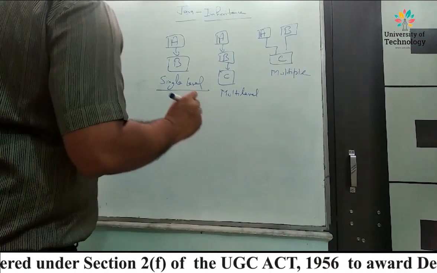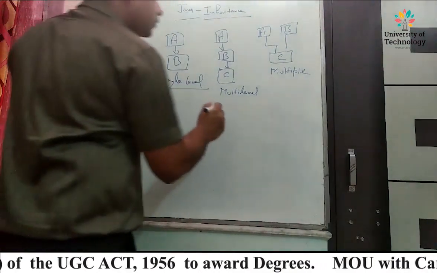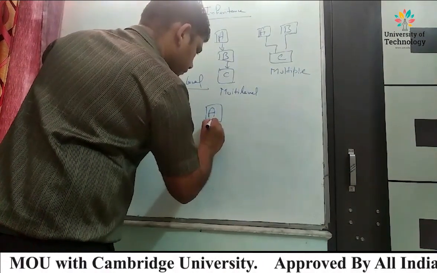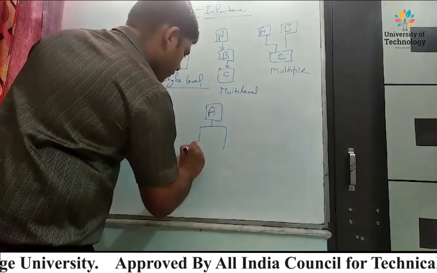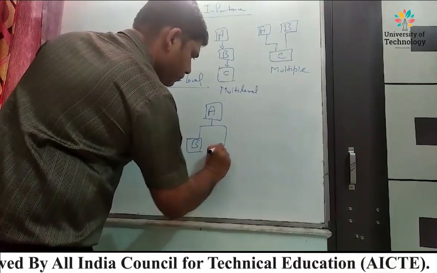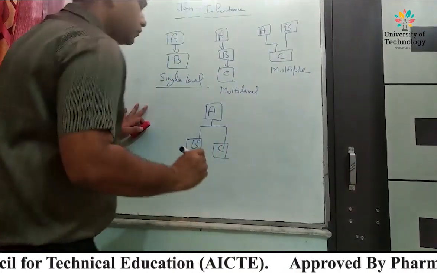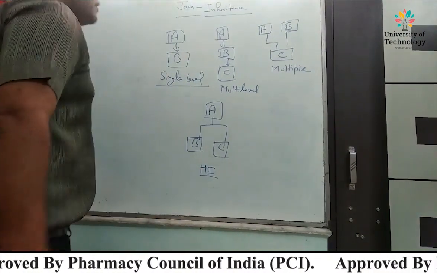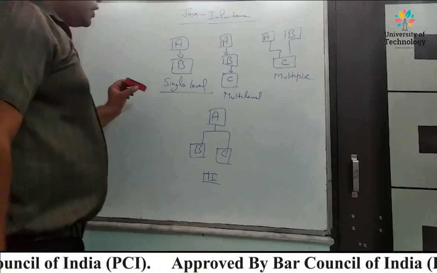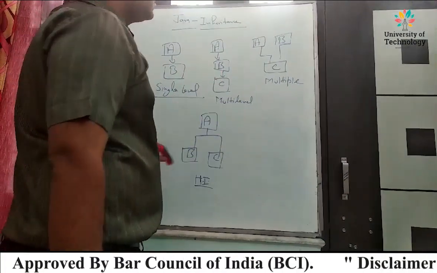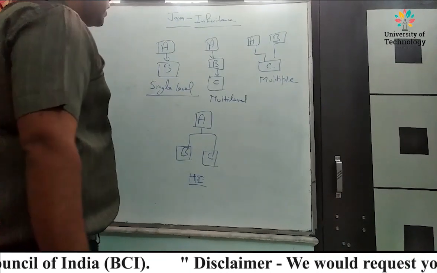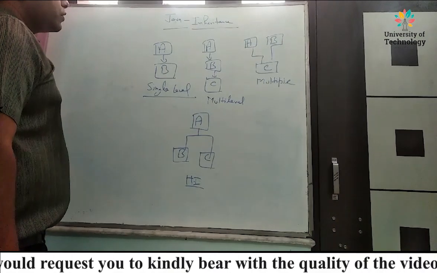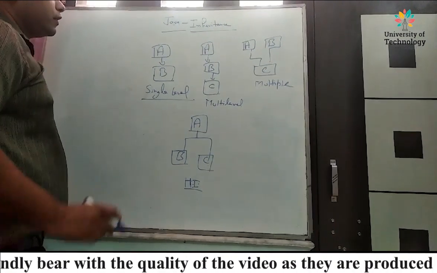And this one is called hierarchical inheritance. First single level, second multi-level, third multiple, and this is called hierarchical inheritance. So we will talk about all these things. Let's go.